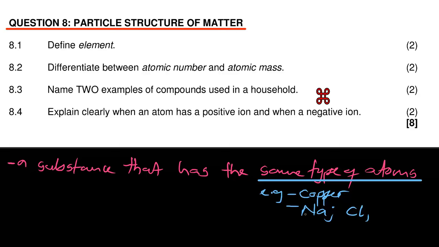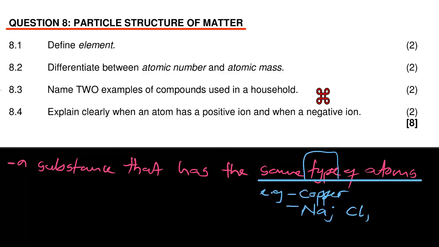Every substance in the periodic table is called an element. That's why it's the elements of the periodic table. So anything that you find in the periodic table is an element. Why? Because it contains the same type of atoms. So that is an element.